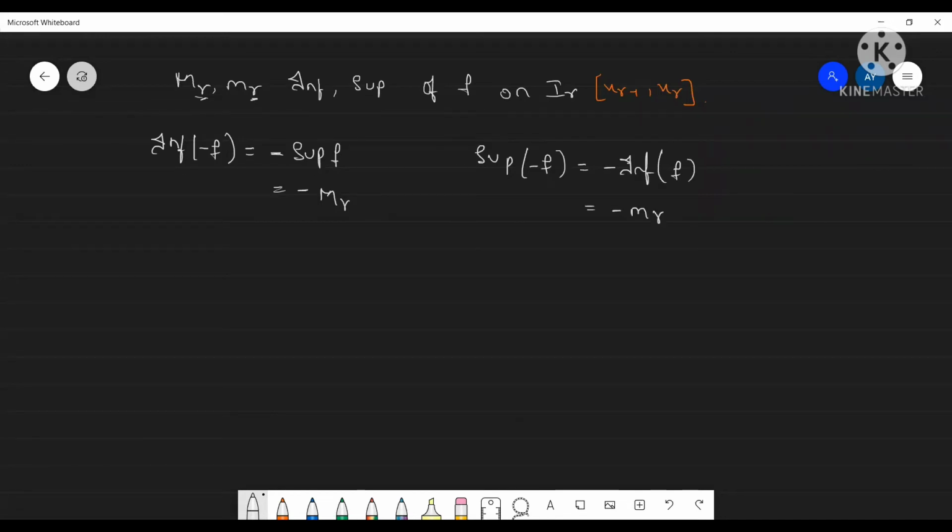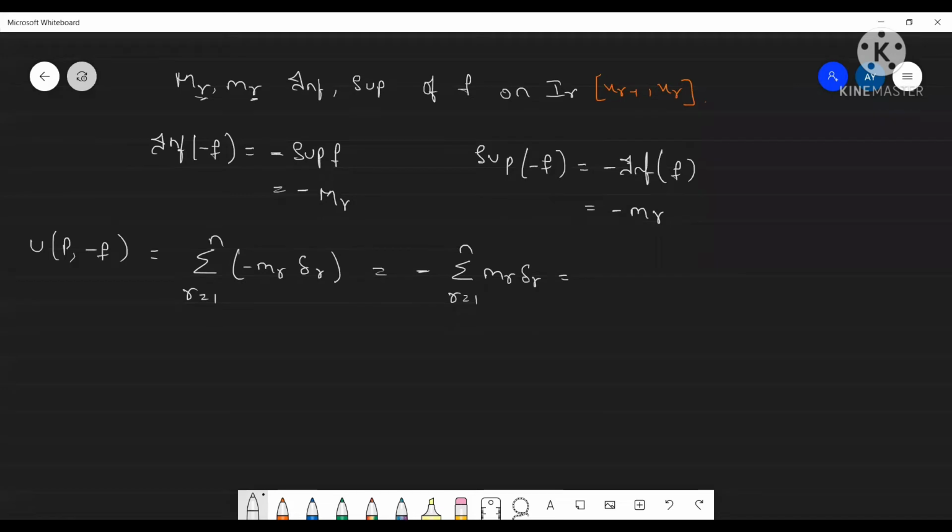Okay, now we'll write U(P, minus f). You have to write U's definition. Summation r equals 1 to n of minus m_r delta_r is equal to minus, taking out, summation r equals 1 to n of small m_r into delta_r.